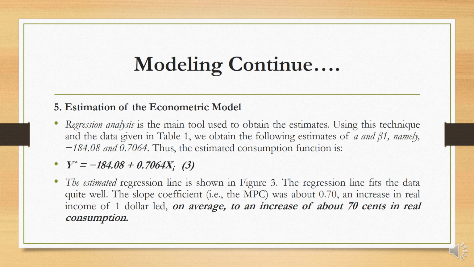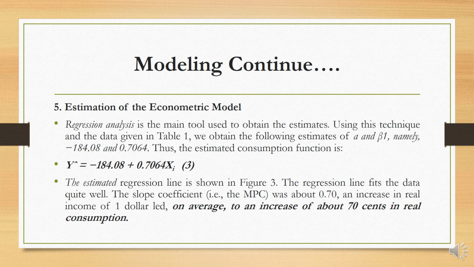Estimation of the econometric model. Our next task in classical econometric modeling is to estimate the model, or to obtain the values of alpha and beta. Regression analysis is the main tool used to obtain the estimates.